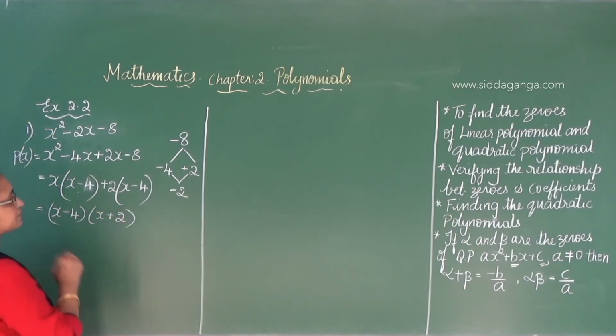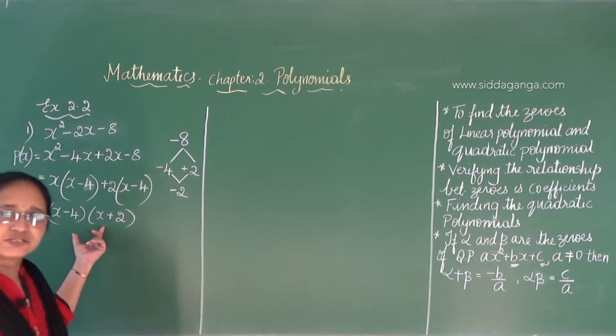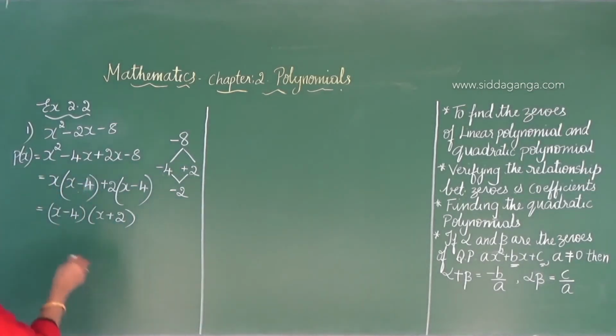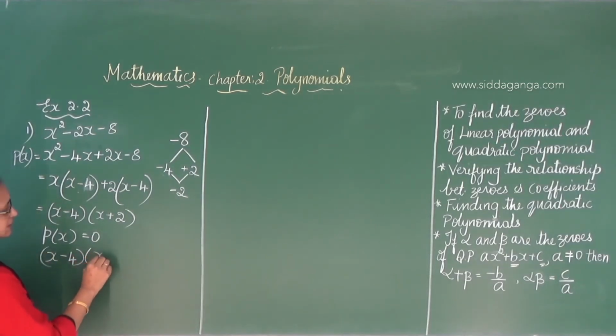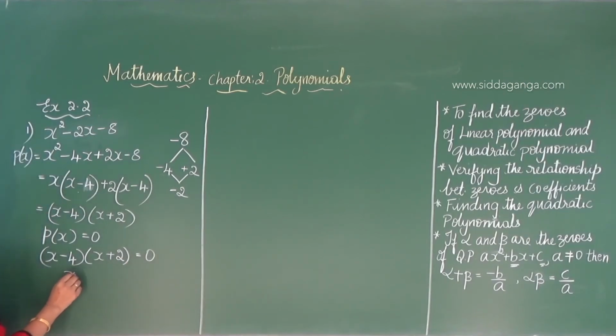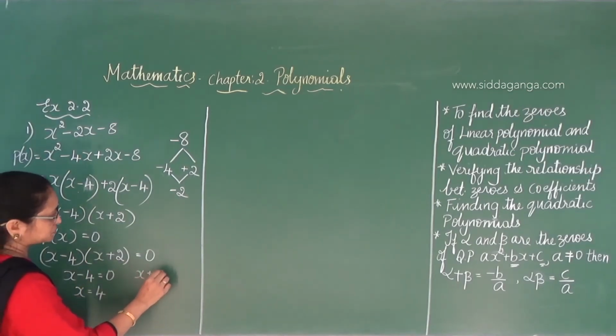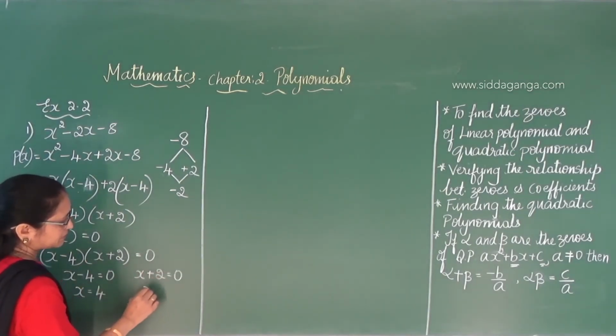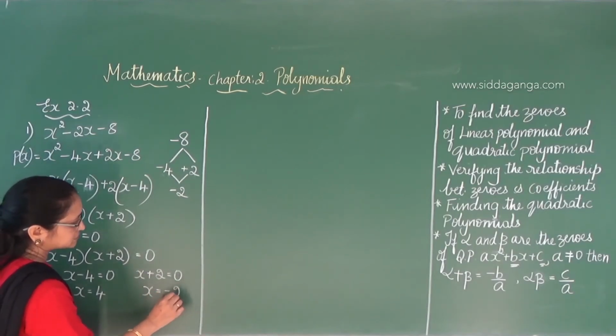To get the zeros of the polynomial, you have to make p of x equal to 0. So x minus 4 into x plus 2 is equal to 0. x minus 4 is equal to 0 means x is equal to 4, and x plus 2 is equal to 0 means x is equal to minus 2.